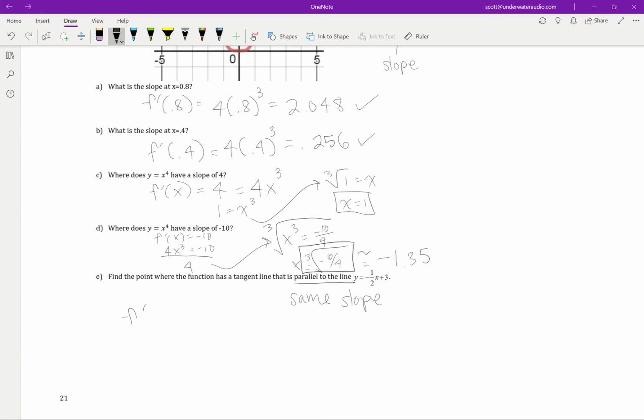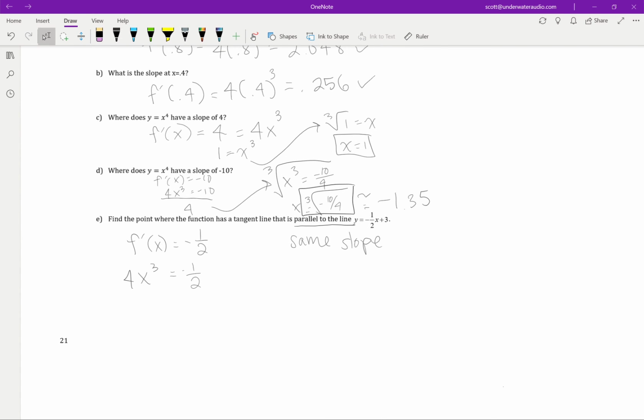So that's like saying f prime of x equals negative 1/2. So 4x cubed equals negative 1/2. And dividing by 4, so x cubed equals negative 1/2 divided by 4, which is negative 1/8.